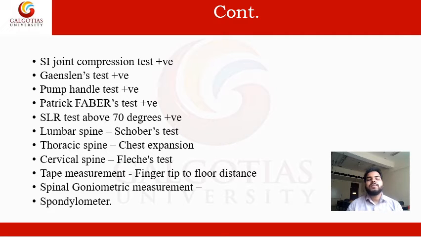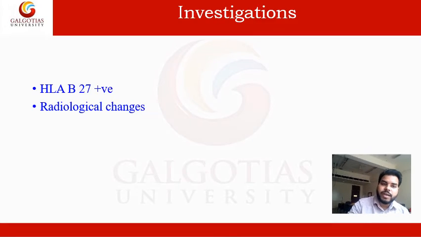For the cervical spine, you can do the Flèche test, tape measurement, finger to tip and floor distance, spinal goniometry measurement, and spinal dialometer. So these are some special tests you can do to assess a patient with ankylosing spondylitis.